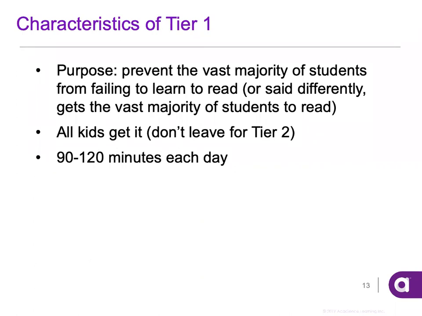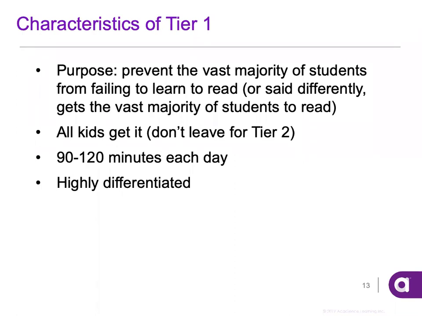You are maximizing for them that first reading instruction, the 90 to 120 minutes of core instruction. Many people, when they hear talk of all students accessing Tier 1, think that means whole group for 90 to 120 minutes. Quite the contrary, that first reading instruction needs to be highly differentiated.